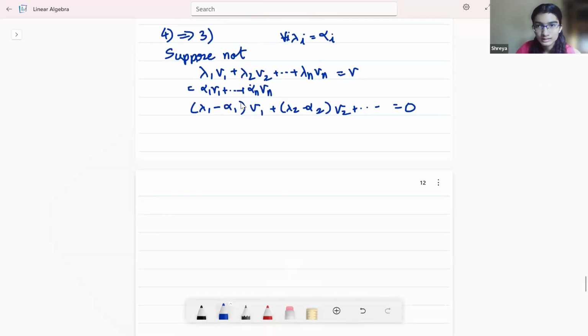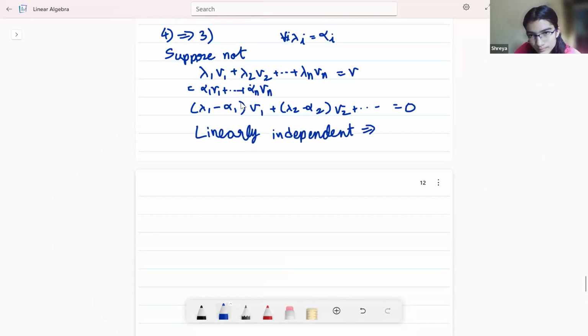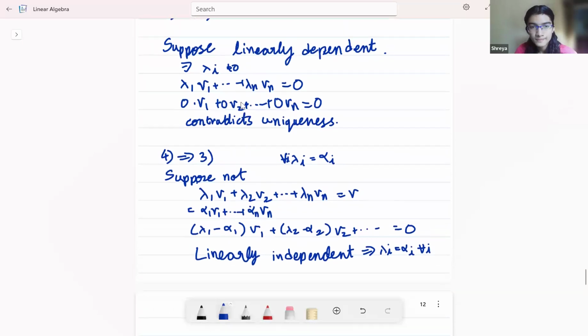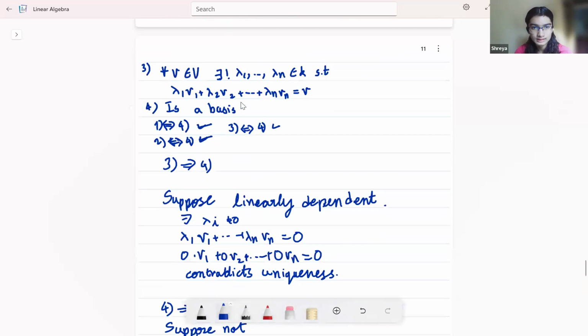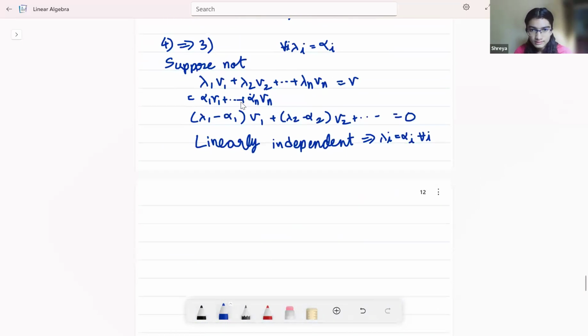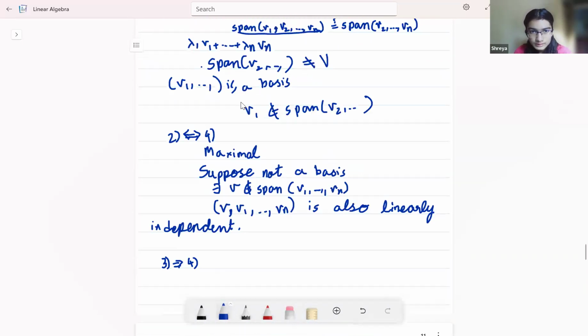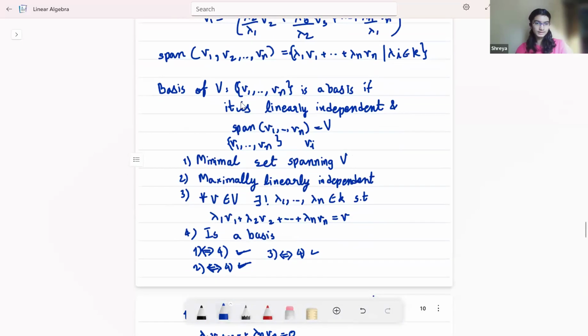But linear independence implies that lambda i has to be equal to alpha i. Okay, that is another thing proved. So does all of this make sense?